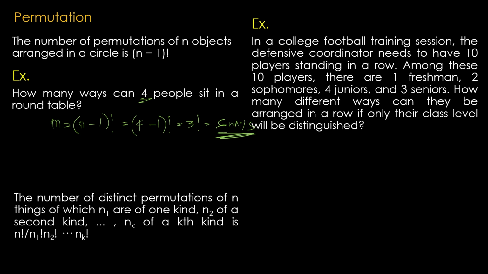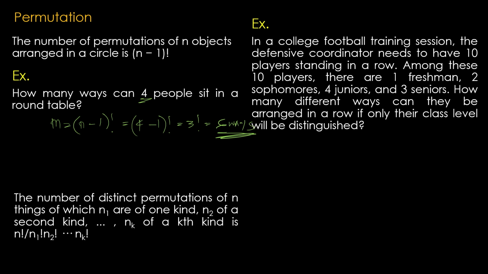For example, in a college football training session, the defensive coordinator needs to have 10 players standing in a row. Among these 10 players, there are 1 freshman, 2 sophomores, 4 juniors, and 3 seniors. How many different ways can they be arranged in a row if their class level will be distinguished?